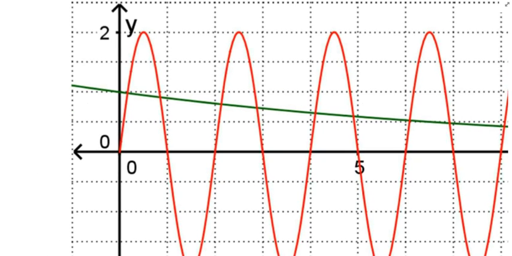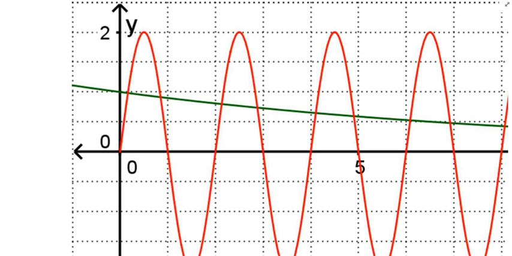So let's just watch carefully for a moment here. And this is like 2 times a little bit less than 1. Right? This is 1. So what's 2 times 1? 2. So what's 2 times a little bit less than 1? A little bit less than 2.